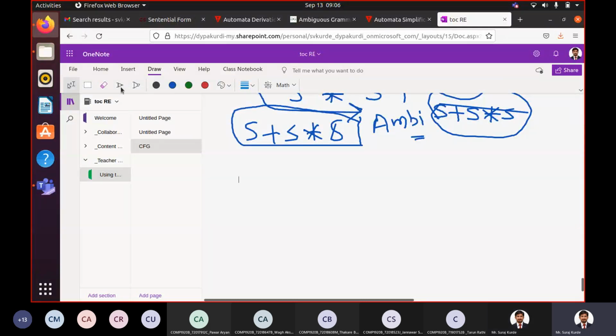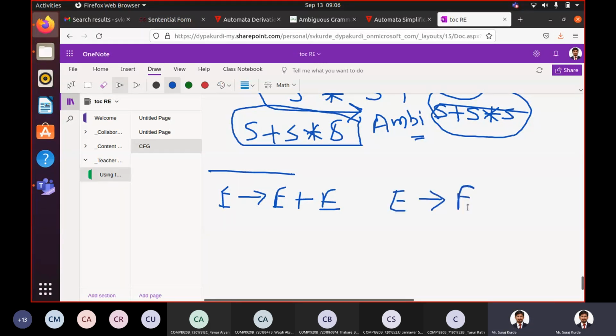So if the given grammar is E produces E plus E, E produces E into E, and E produces a.